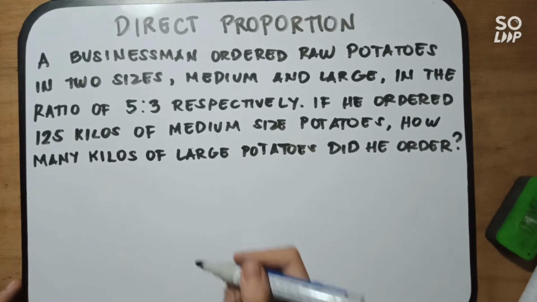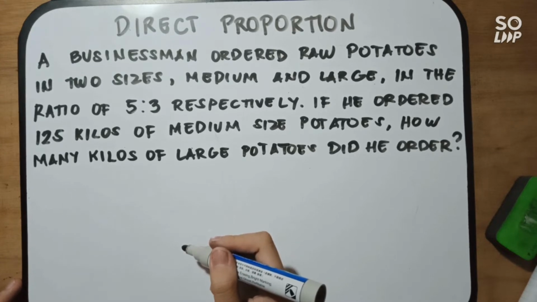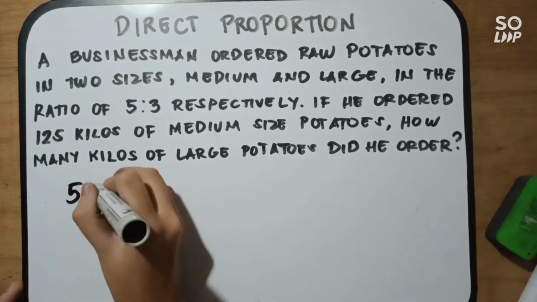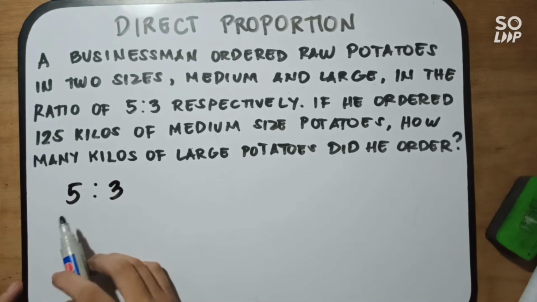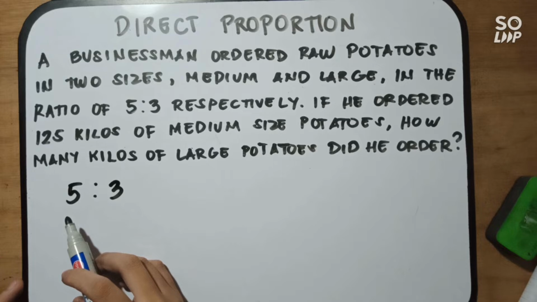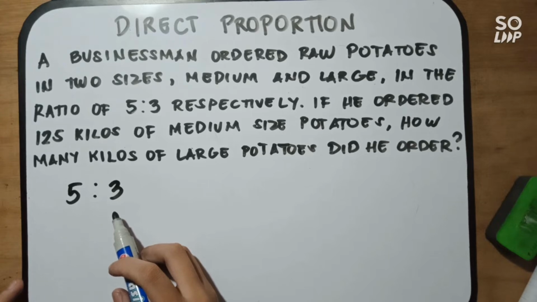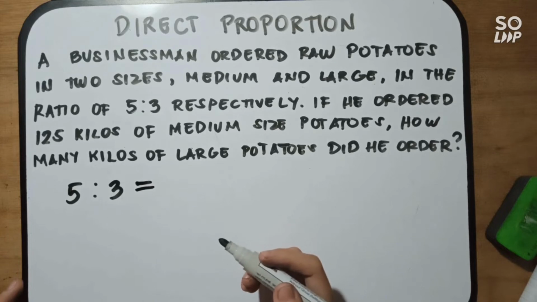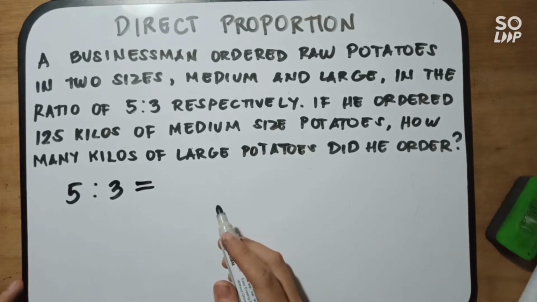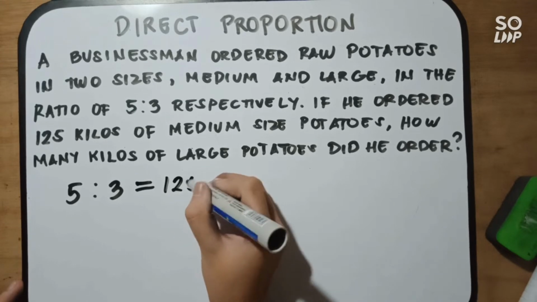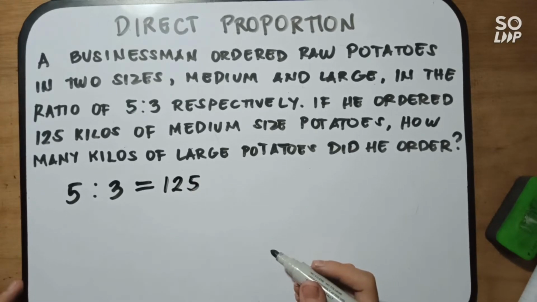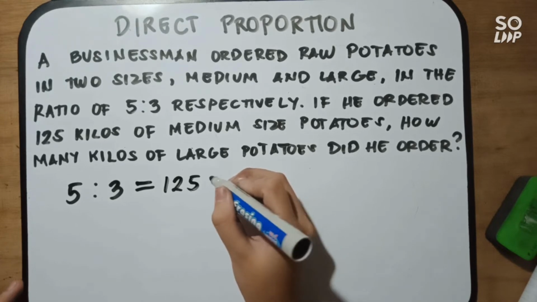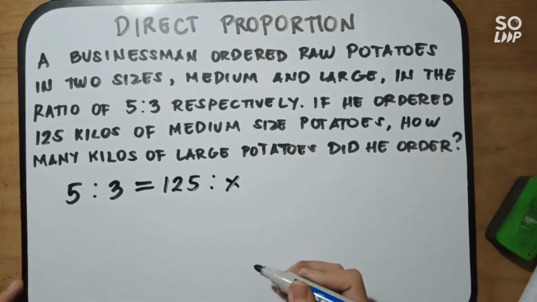Let x be the number of kilos of large potatoes. 5 is to 3, where 5 is the standard kilos for medium-sized potatoes and 3 is for large potatoes, equals 125 is to x, where x is the number of kilos of large potatoes that the businessman ordered.